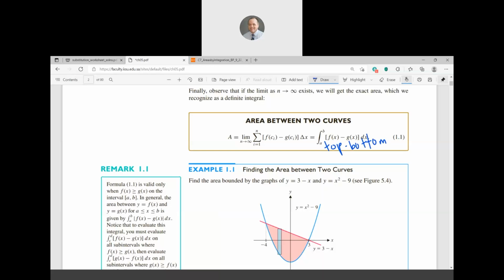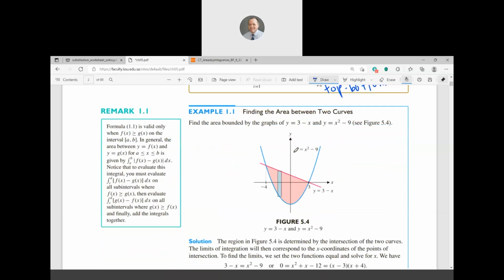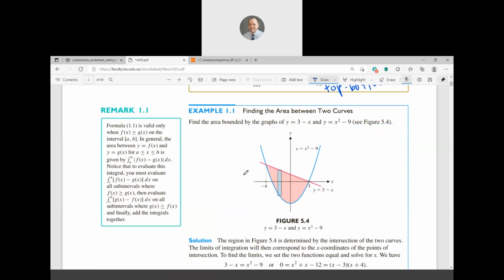And this is why it's very important to go on Desmos and graph if a graph is not given for you, so you know which one is the top curve and which one's the bottom curve. So let me screenshot, copy, and paste this example, and we'll find the area.